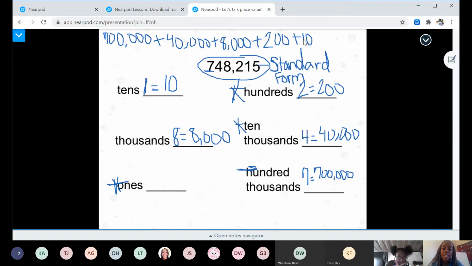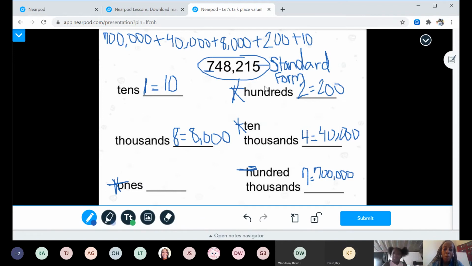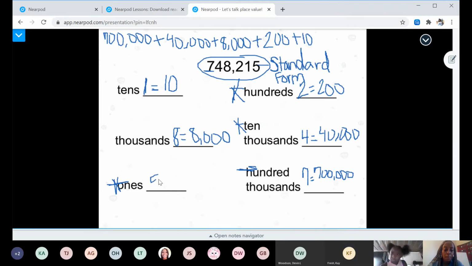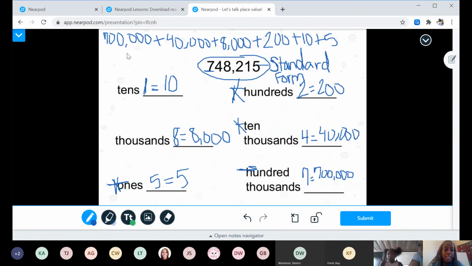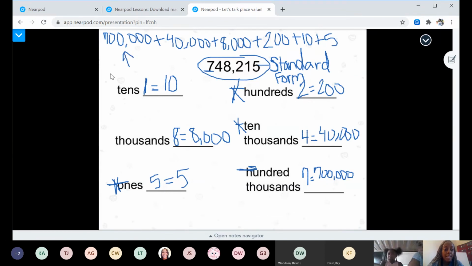And then lastly, we can fill in our blank. We have that 5 that's in the ones place. If we have 5 ones, that means it's worth 5. So plus 5. Right here we have standard form, and at the top we have expanded form where we can see the value of each digit.